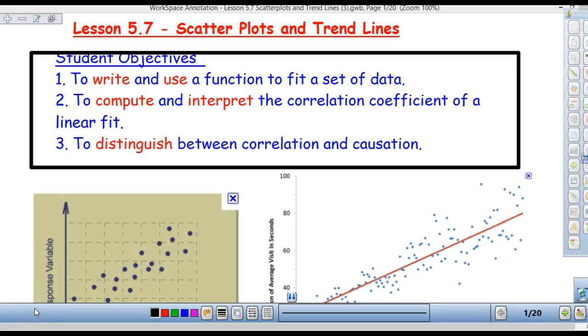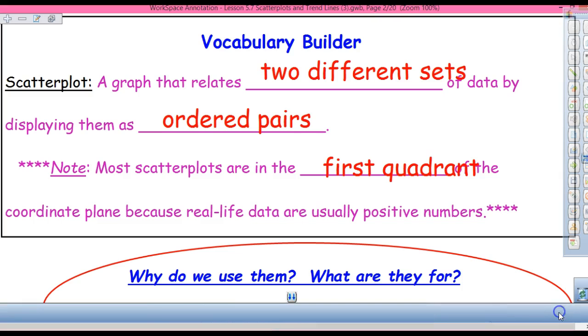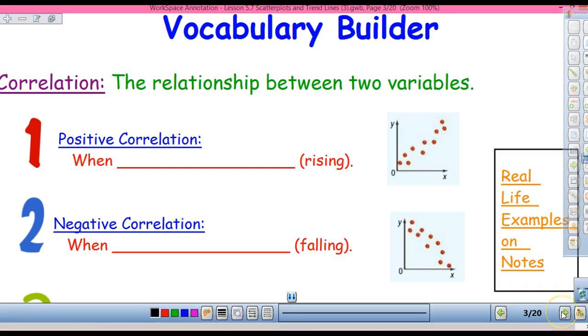All right, so yesterday we plotted these guys, right? And then we drew a line of best fit... or we didn't draw a line of best fit yet, did we? We only talked about, what was that big word? Starts with a C. Correlation, yeah. If my data is rising, my correlation is positive.